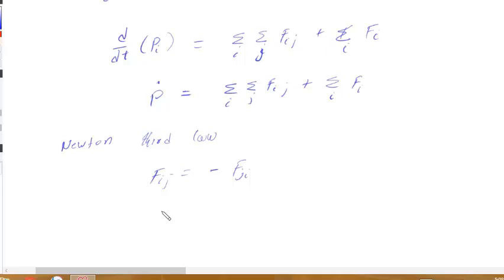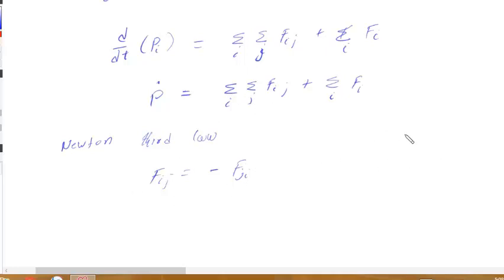Now the change in the momentum can be written so that the double summation terms cancel each other according to Newton's third law.